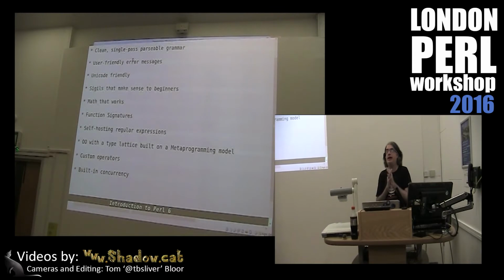Finally, and this is where we get a bit of a leg up on languages such as Go, Java and Ruby: Perl 6 has concurrency and multi-threading built in from the ground up. We are ready for the environment when your cell phone, like this one right here, has 64 cores.